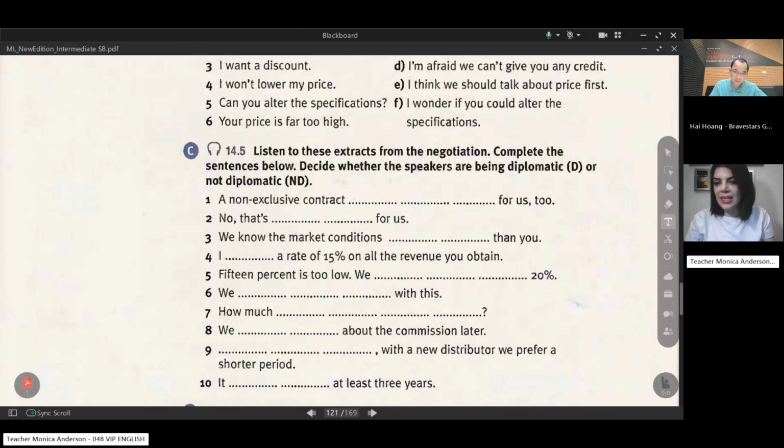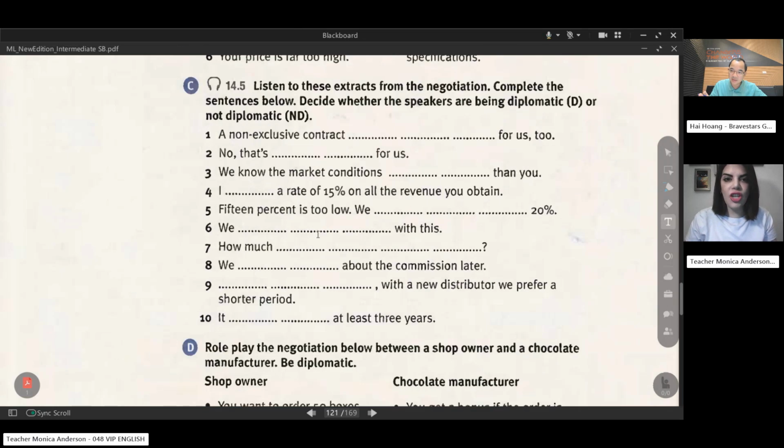Now let's listen. We have time. I want to confirm about the meaning of diplomatic. Of course. That means formal and not formal, right? Let me say something. Yes, it's somehow formal, but slightly different.